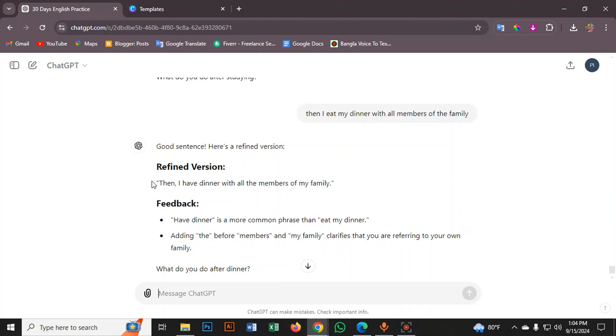Okay, good sentence. Here's a refined version. Then I have dinner with all the members of my family. Feedback: have dinner is a more common phrase than eat my dinner. Adding the before members and my family clarifies that you are referring to your own family.